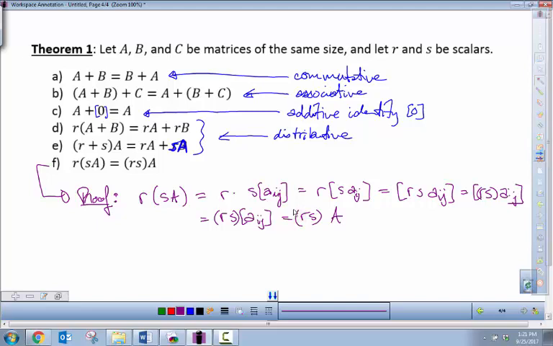It's one of those things that seems really obvious, but the proof has to be explicitly spelled out.